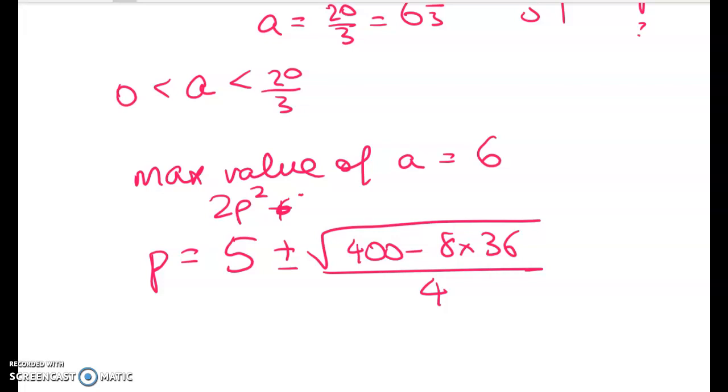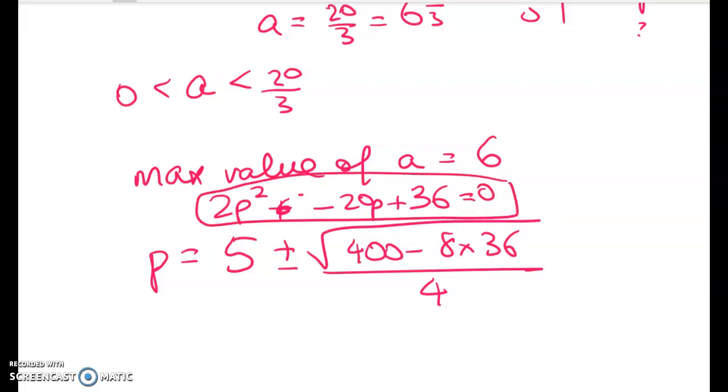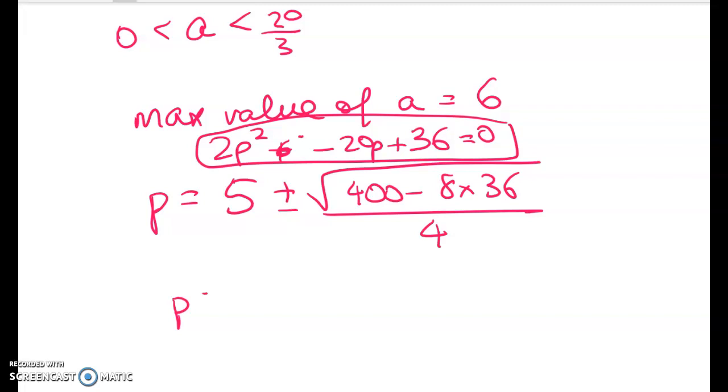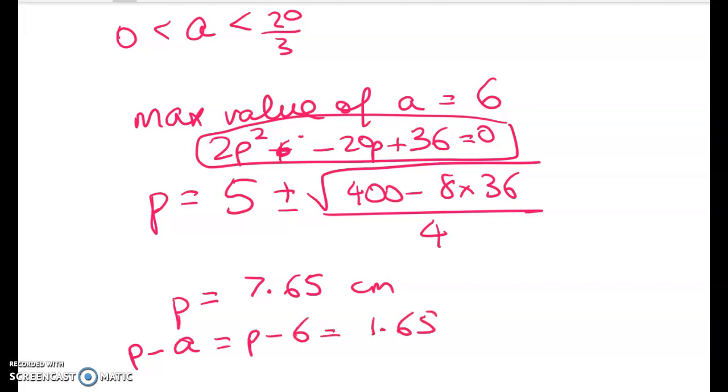Sorry, 2p squared minus 20p plus 36 equals 0 is what we're trying to solve. And if you do that, p comes out to be 7.65, I guess it's centimetres or metres. And so p minus a is equal to p minus 6, which is 1.65 centimetres.